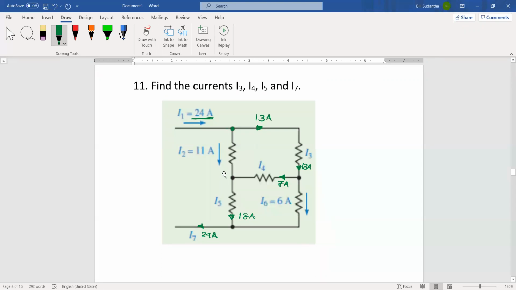The 11th question, is it okay? Because you are asked to show the 11th question again. Is it okay?